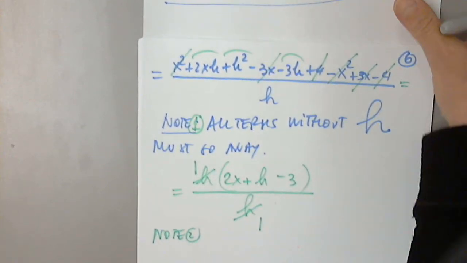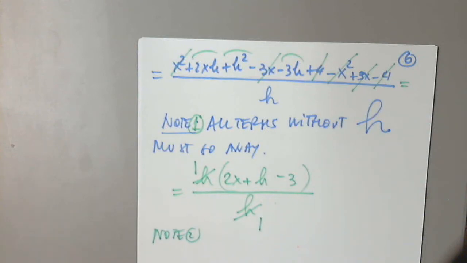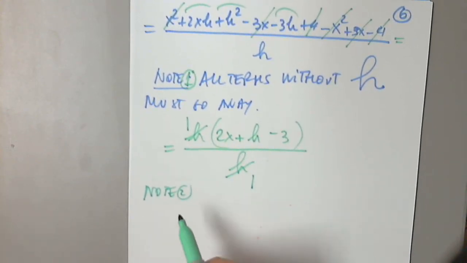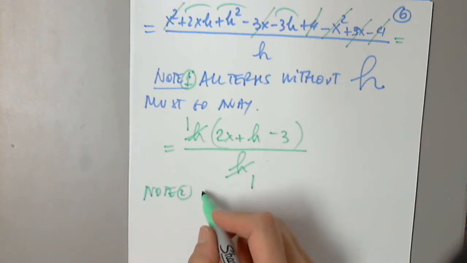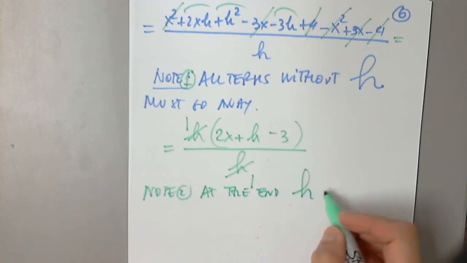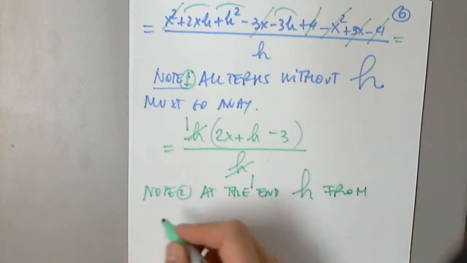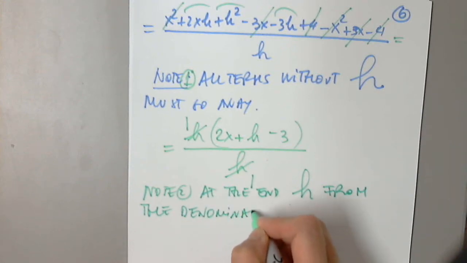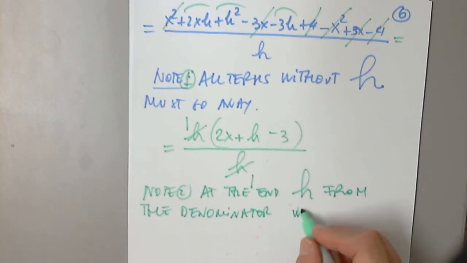What should it read? Help. 2x minus 3 plus h. The second note should say that at the end, the h from the denominator will go away.